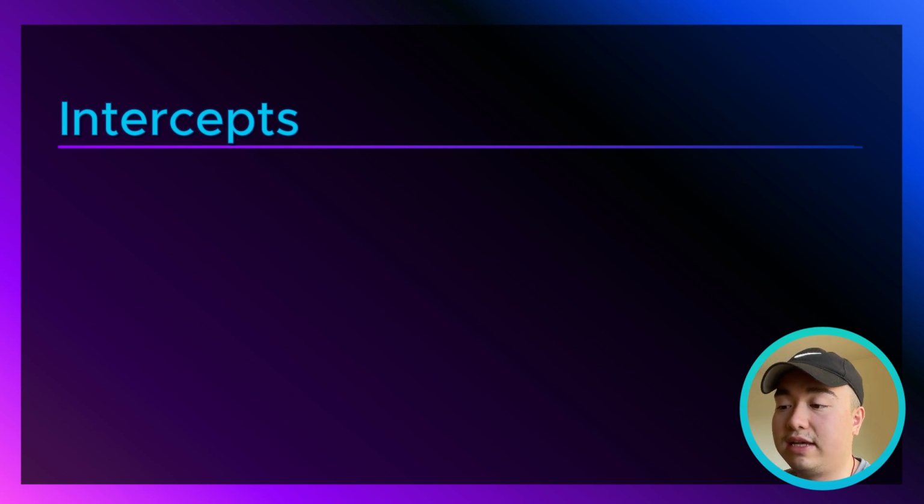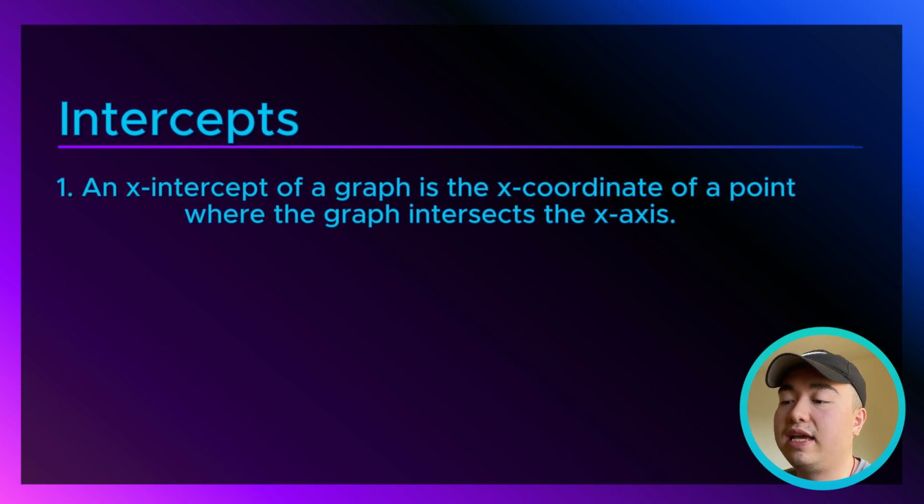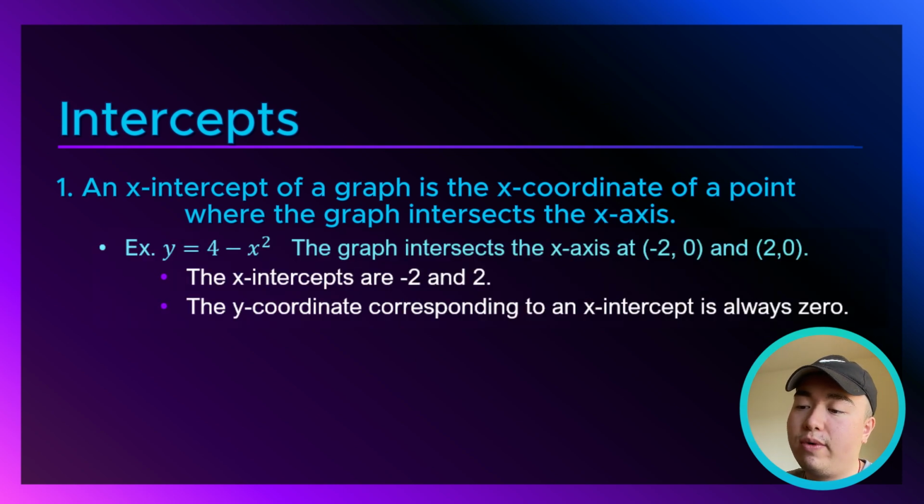So next is intercepts. We will discuss the two intercepts, the x-intercept and the y-intercept. An x-intercept of a graph is the x-coordinate of a point where the graph intersects the x-axis. For example, we have the equation y is equal to 4 minus x squared.